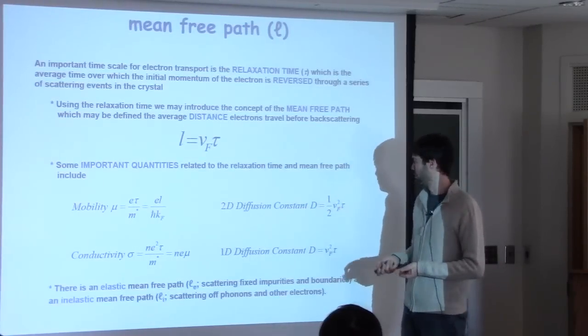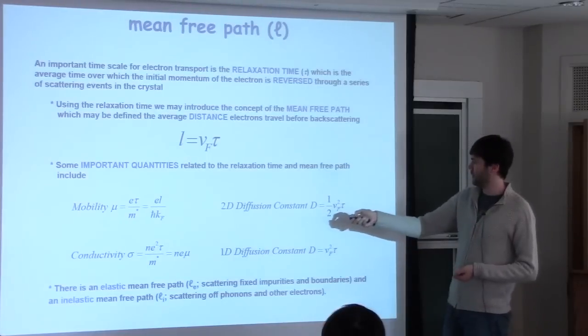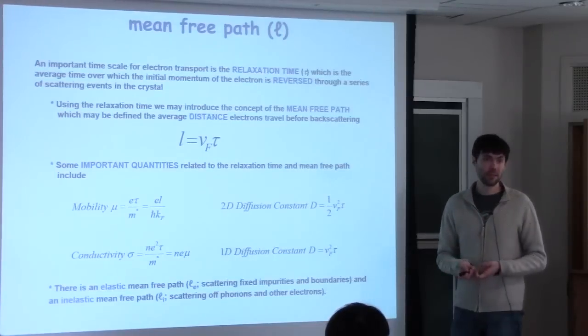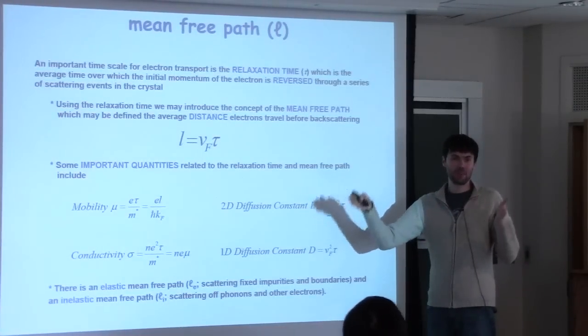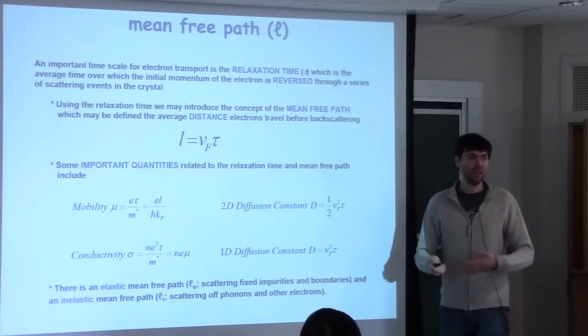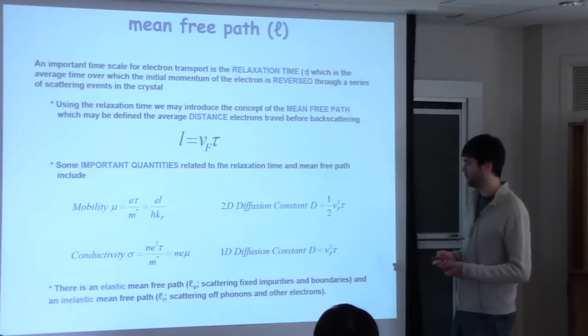We will come back to this formula in the next lecture, but you can also calculate the diffusion constant for electrons, and that's all clear, right? So if you know the scattering time or scattering length, you can calculate the diffusion of electrons in 2 dimensions, 3 dimensions, whatever system you have.